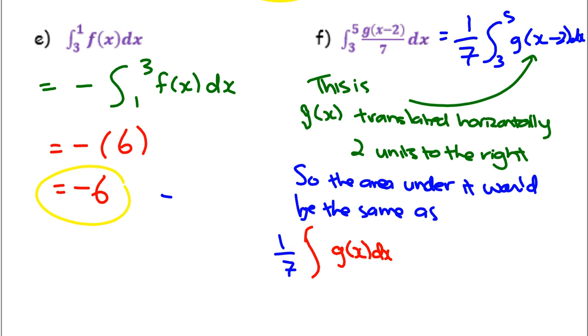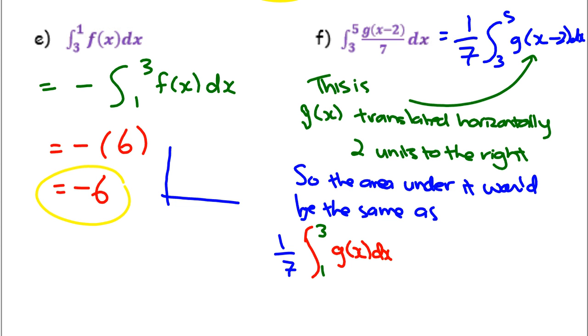And all we're trying to do is use those integrals at the top to be able to calculate what that would be. So the area under this thing, that you can see, the integral from 3 to 5 of g of x minus 2 dx, would be the same as if we had it from 1 to 3.